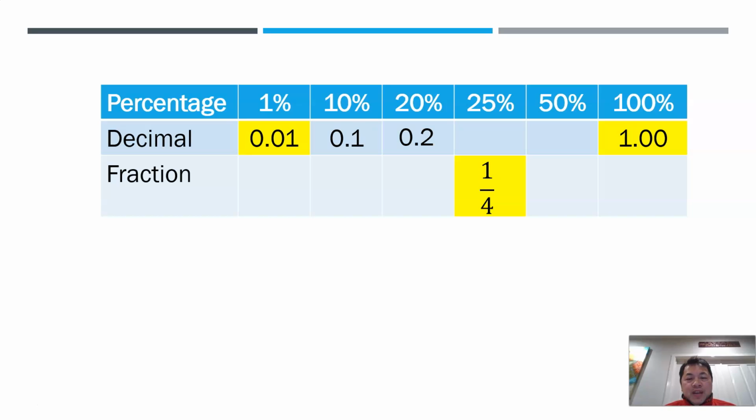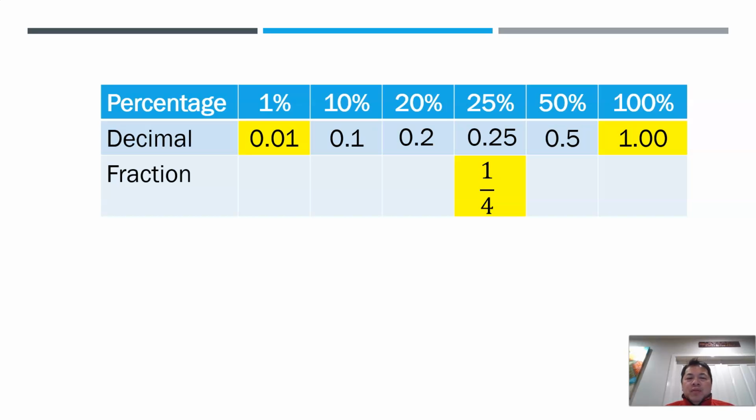What about 25%? Shuban, what's your answer? Yep, thank you very much. It's 0.25. Okay, 50%. Olivia, what's your answer? That's right, 0.5.